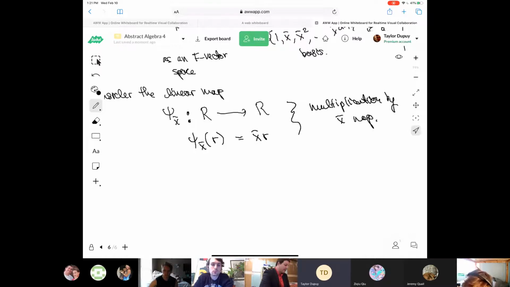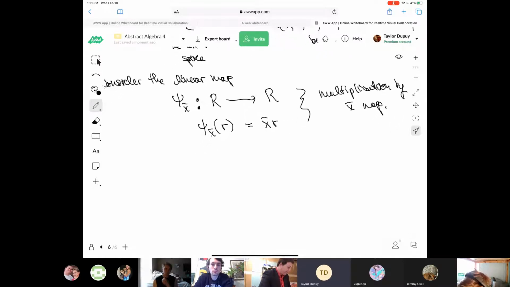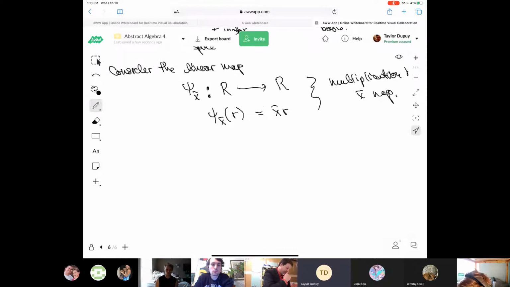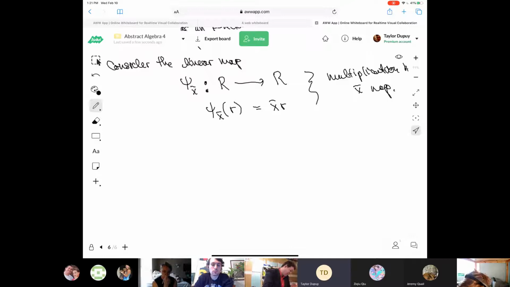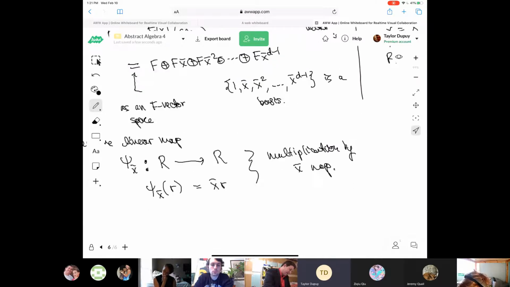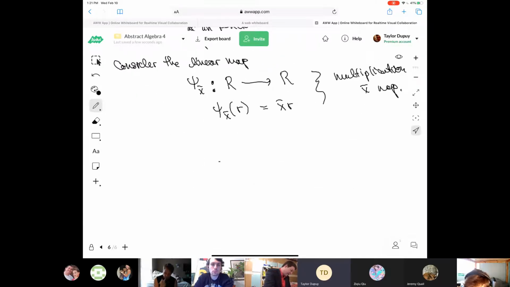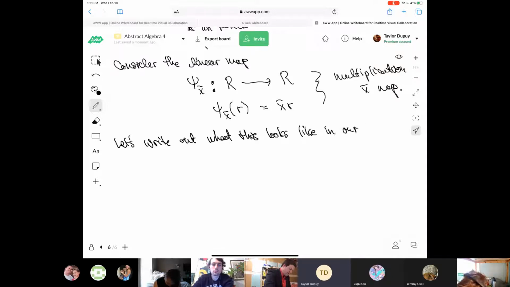Okay? And if I look at this multiplication by x bar map, let's look at what it does to the basis elements. First of all, we have this basis here, so let's write out what this looks like in our basis.